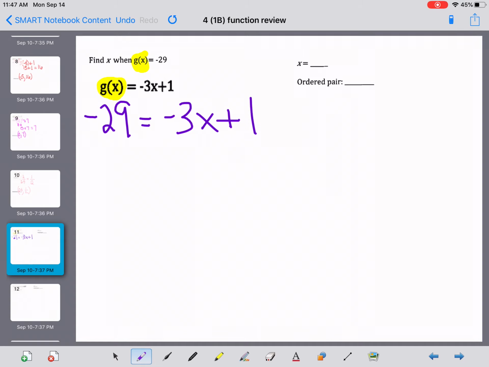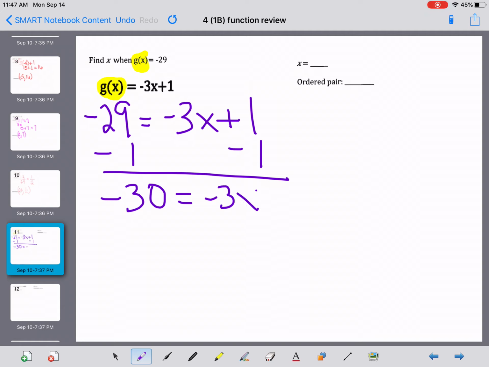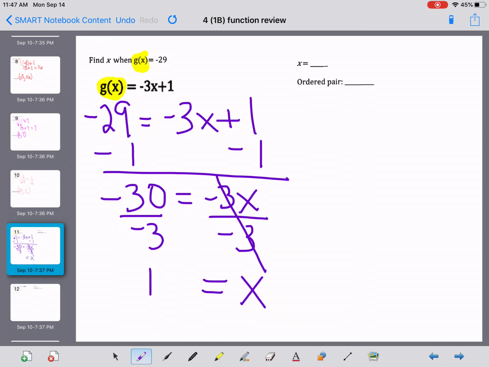And now we're going to solve this. We're going to subtract 1 from both sides. We get negative 30 equals negative 3x. And then we're going to divide both sides by negative 3. The negative 3's cancel out, and we get x equals 10. So there's what x equals. But remember, in the ordered pair, x goes first, 10, and then we have our negative 29.